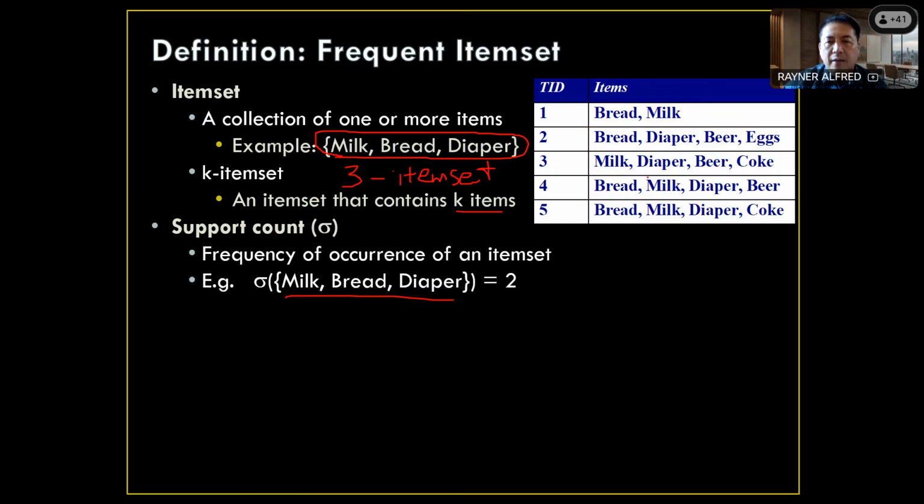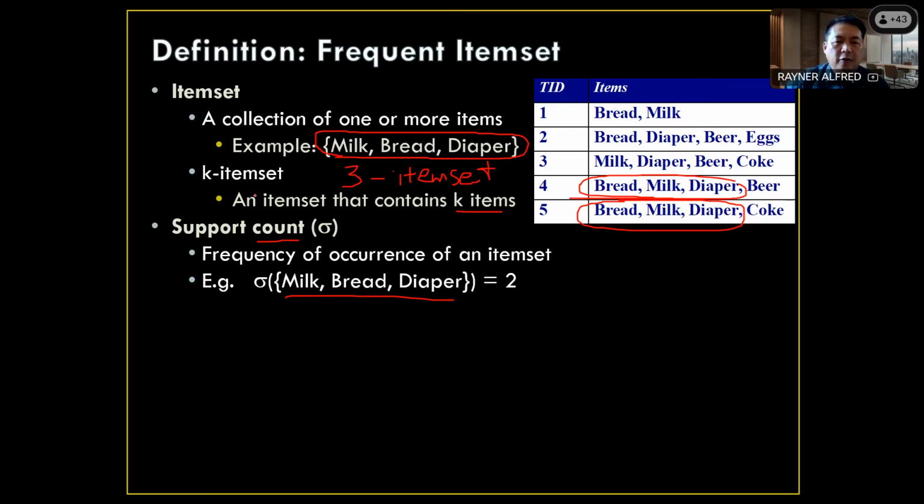For instance, milk, bread, diaper, 1 and 2. So they exist 2 times. Okay. So that is what we call support count. We count the number of time that the item set exists in the transaction.